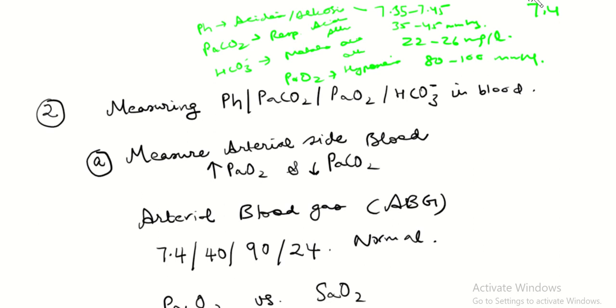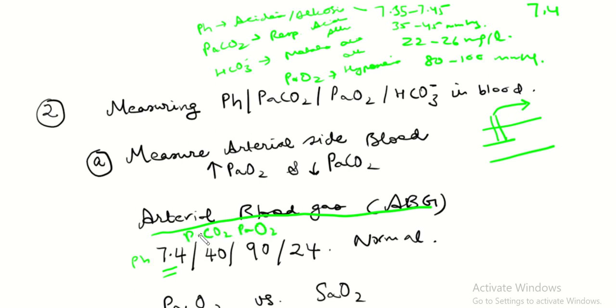Got it? Okay, so how do we measure these values in the blood? We can go to the arteries, and one can get blood from the arteries and send it to an analyzer, and we can actually analyze the arterial blood gas and get our pH, PaCO2, PaO2, and our bicarb.